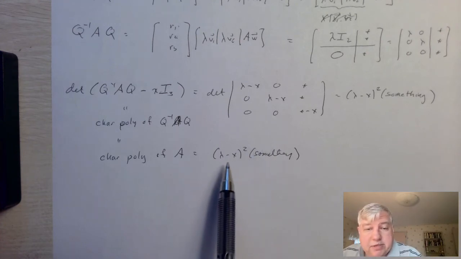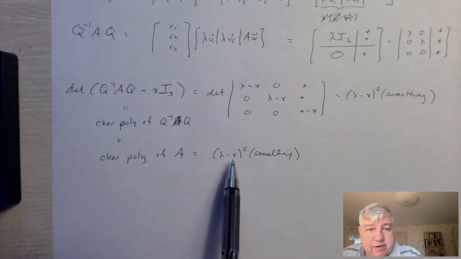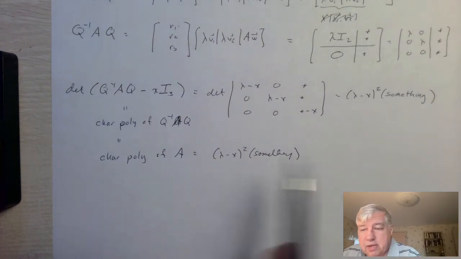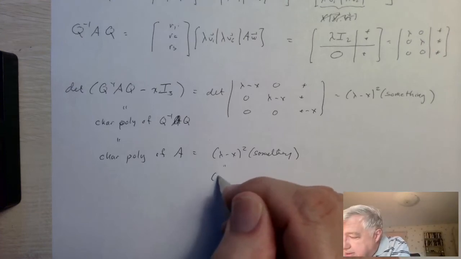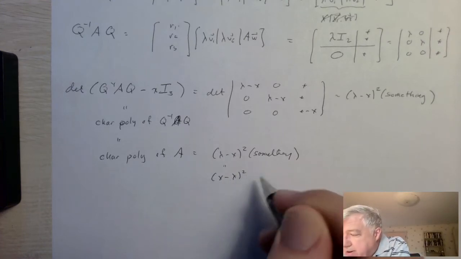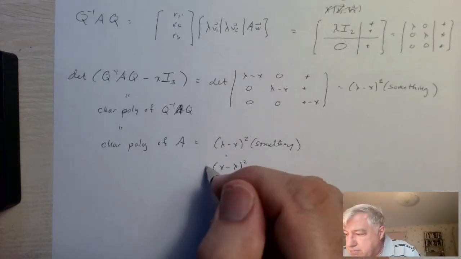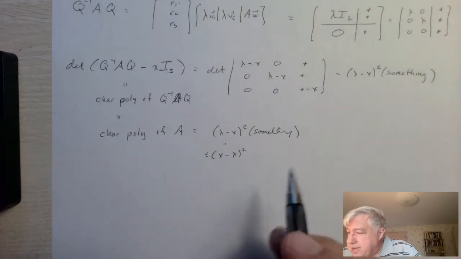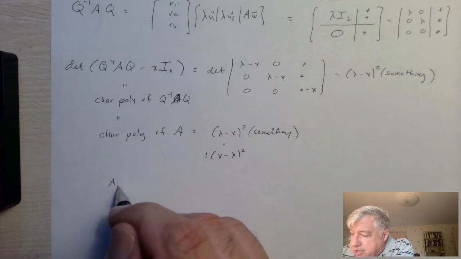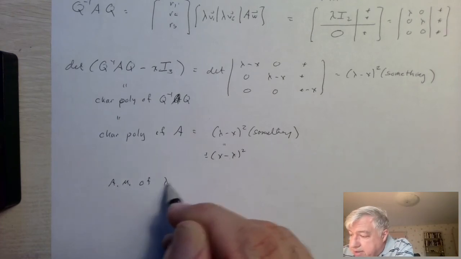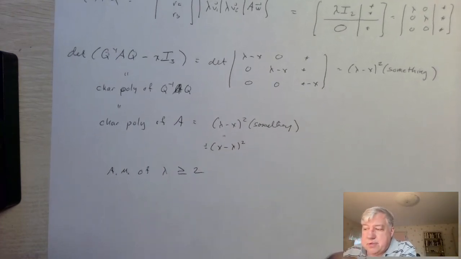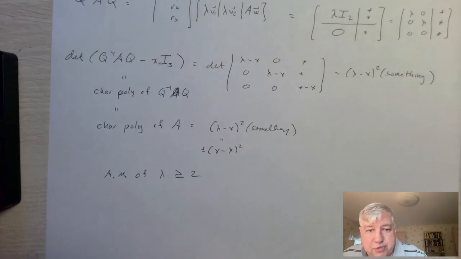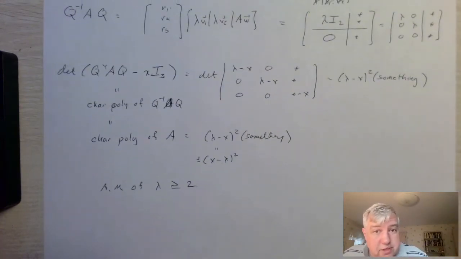But we can see the multiplicity of lambda, and by the way, this is the same thing as x minus lambda squared, or plus or minus, really plus, but you can write this. So we can see that the algebraic multiplicity of lambda has to be at least 2, which we assumed was the geometric multiplicity. So that's the idea why this works.